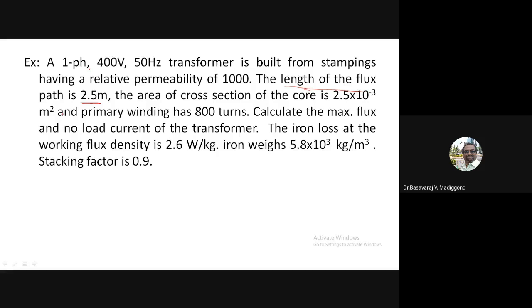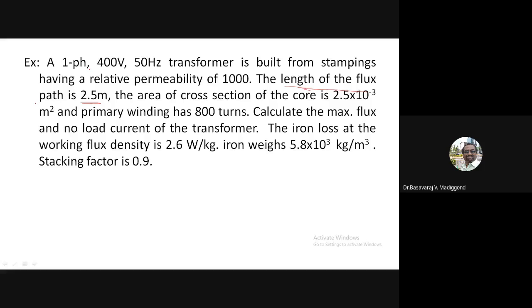What is this area of cross section? It's the gross AGI, right? And the primary winding has 800 turns. TP he has given.